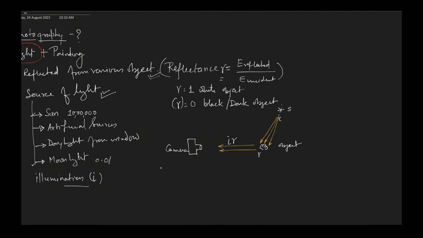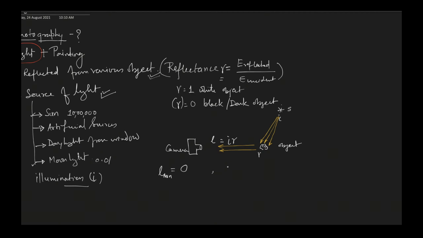Okay. So the light that camera receives, I may call it as L. Then L minimum could be, if the reflectance is 0, then this is going to be 0. I would say L is equal to IR. If R is 0, L minimum will become 0.